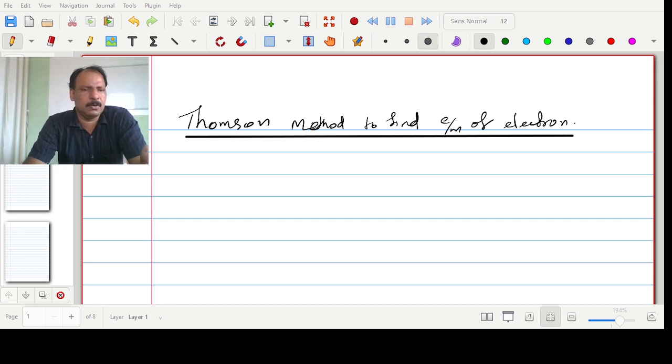In the presence of the magnetic field, the electron will experience a force, and I will align the direction of the magnetic field in such a way that the shift due to the magnetic field is opposite to the shift due to the electric field. If both the shifts are the same, then we will have an undeflected beam at the screen.